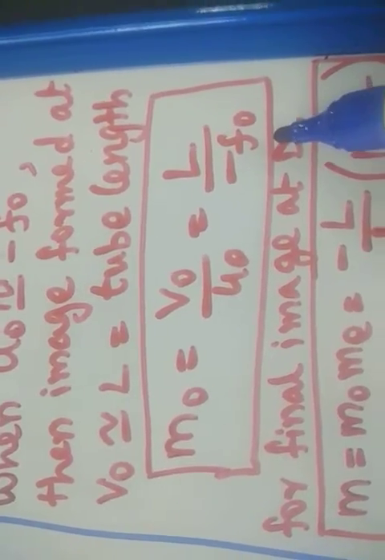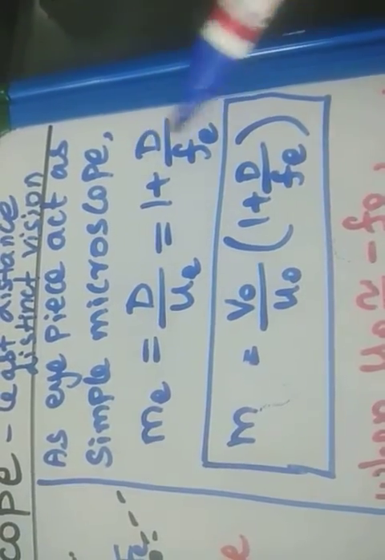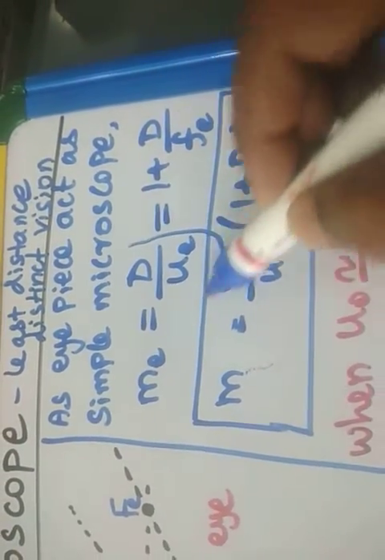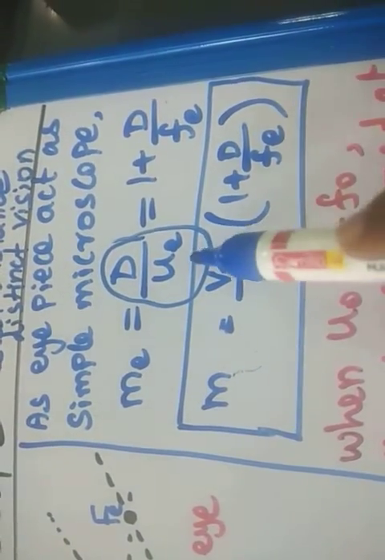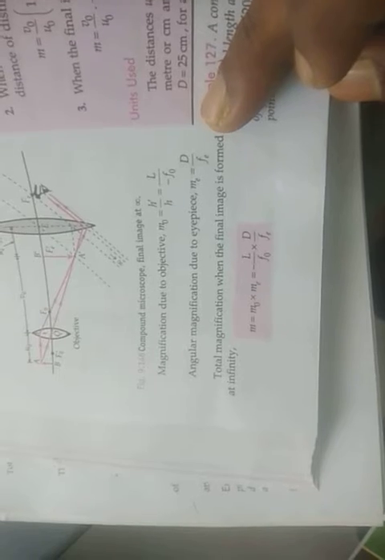Similarly, the angular magnification, that is the eyepiece magnification, is 1 plus D by Fe, so this D by UE will come. That UE is the focus, the eyepiece focus. So we can write this one. What is that? The eyepiece magnification ME is equal to D by Fe.